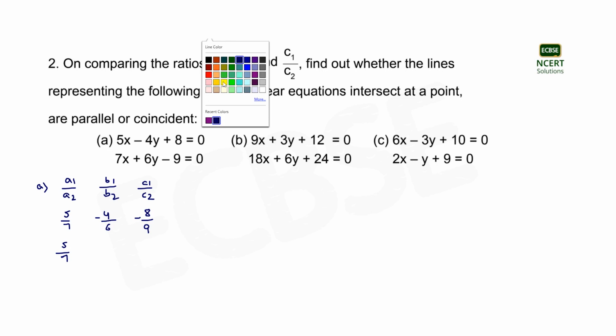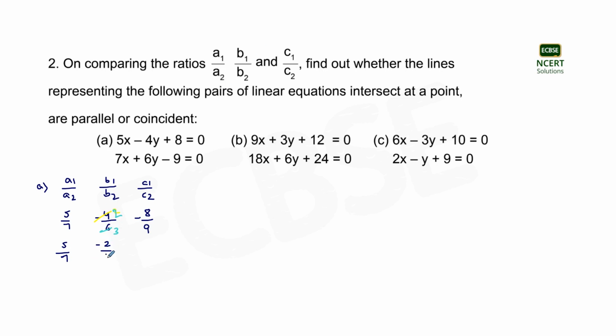So we will convert it to its simplified form, and the ratio comes out to be minus 2 by 3. The c1 by c2 ratio is already simplified, so it stays minus 8 by 9. As we can clearly see, a1 by a2 is not equal to b1 by b2, which means this pair of linear equations are intersecting lines.